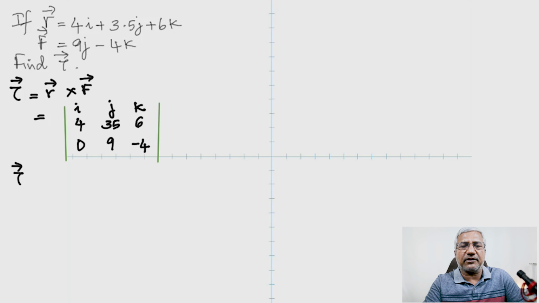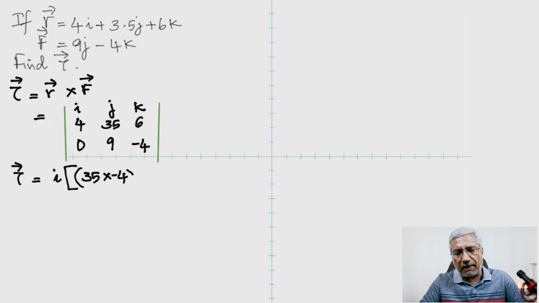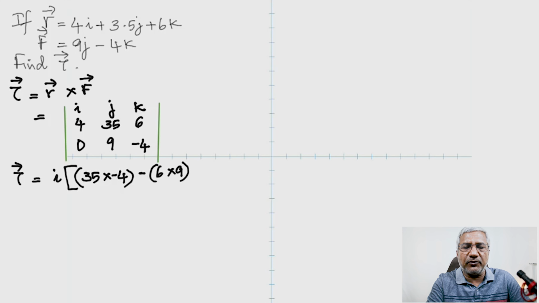And then you know how to take the cross product. To find the coefficient of i, you go 3.5 times negative 4 minus 6 times 9. Let's do that. So the coefficient of i is 3.5 times negative 4 minus 6 times 9. When you come to j, you have to put it as minus j always, and then 4 times negative 4 minus 6 times 0.